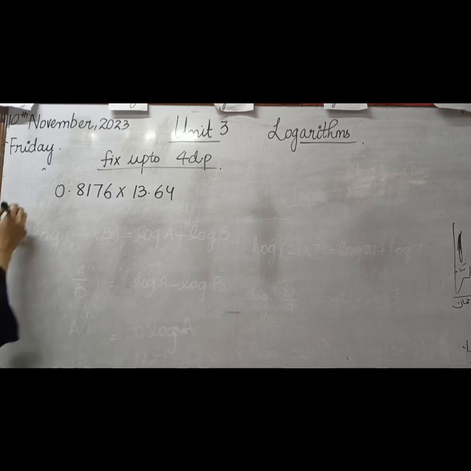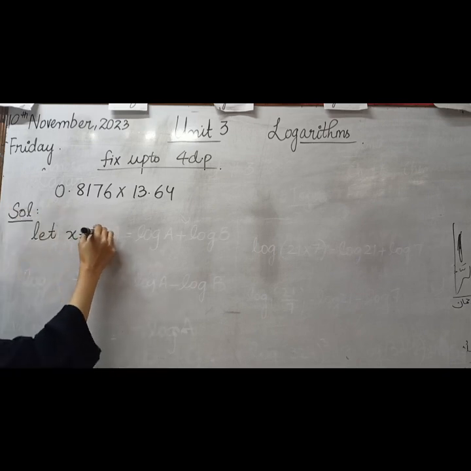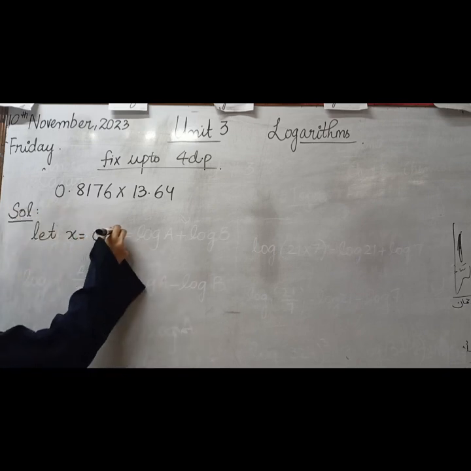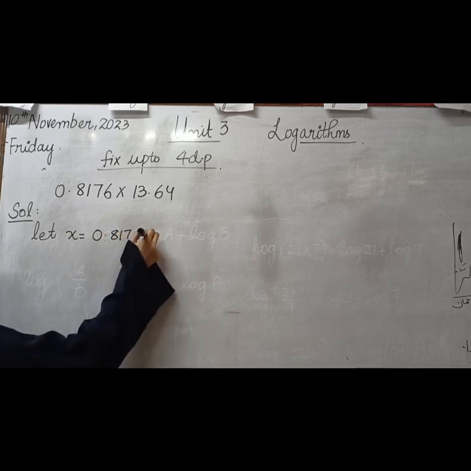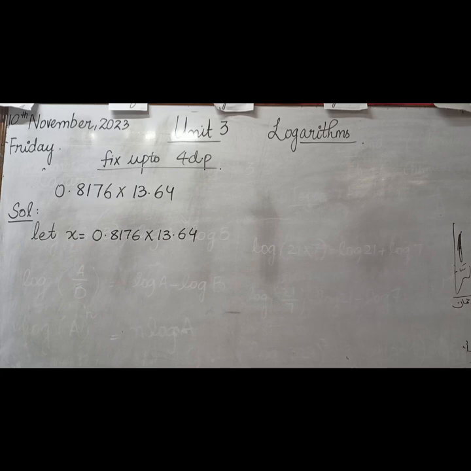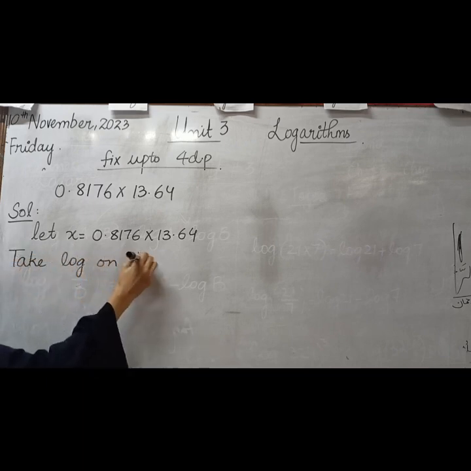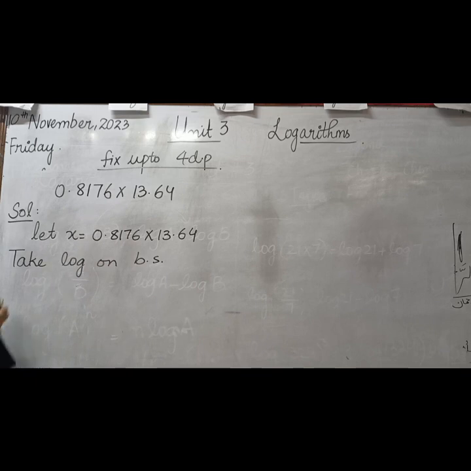The first step is let x is equal to the whole question, 0.8176 multiply 13.64. Then the next step is take log on both sides.